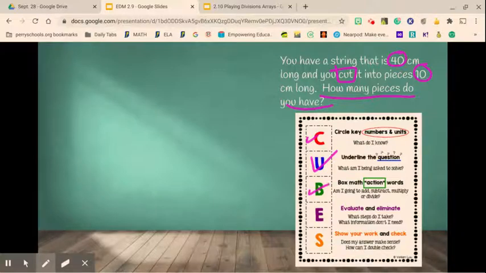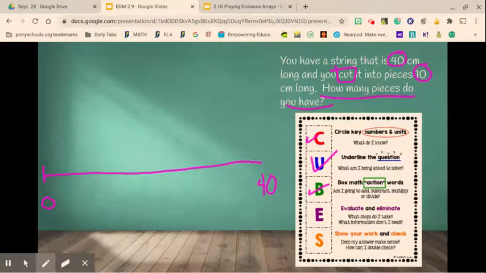Evaluate, eliminate. I don't need to get rid of any information, but I do need to figure out what's going on here. So I'm going to draw my string and kind of think of it as a number line. This is 0 and this is 40. And it says that I cut it into 10 centimeter long pieces.